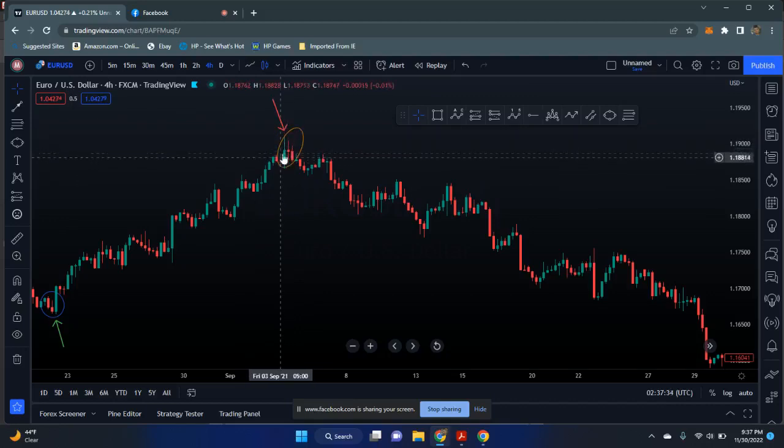This was our bullish movement, but we start having the wick rejection. The buyers did come all the way up, but they actually closed out here. The sellers actually pushed the market down.